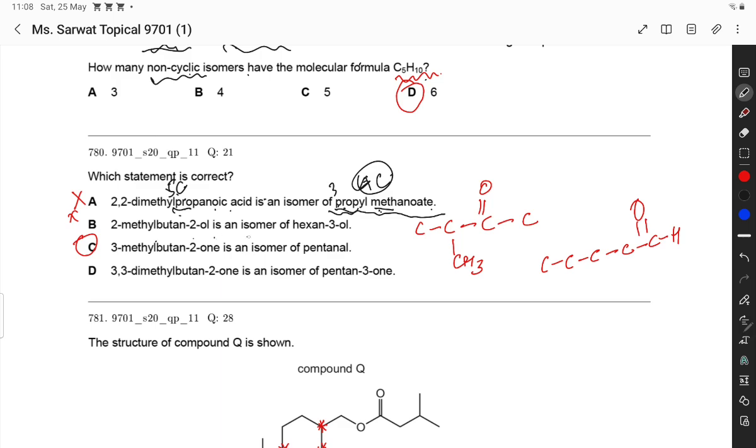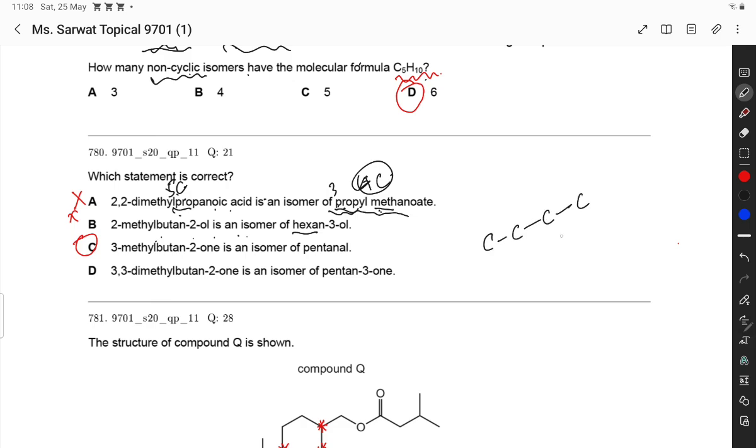2-methylbutan-2-ol is an isomer of hexan-3-ol. 2-methylbutan-2-ol is a 5 carbon compound, 1, 2, 3, 4, 5, and hexan-3-ol has 6 carbon, 1, 2, 3, 4, 5, 6, with the 3-ol.